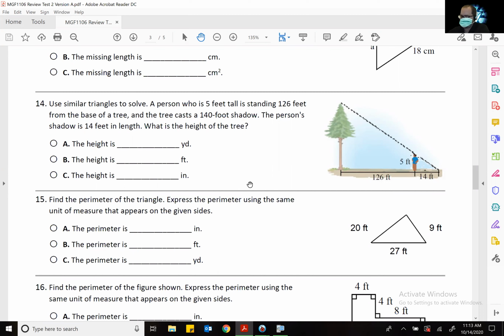Sorry, just recopying things back down. In the end, they want to know, what is the height of the tree?